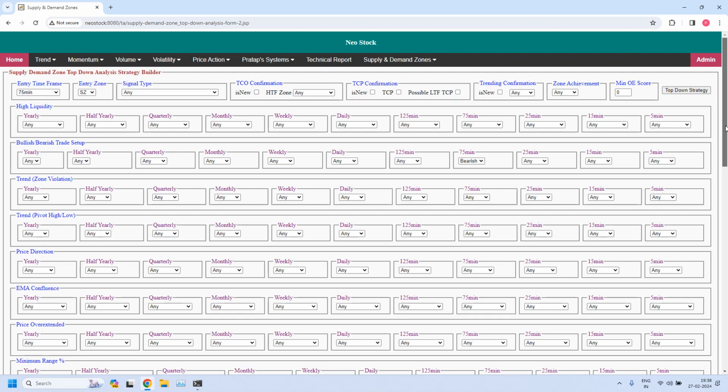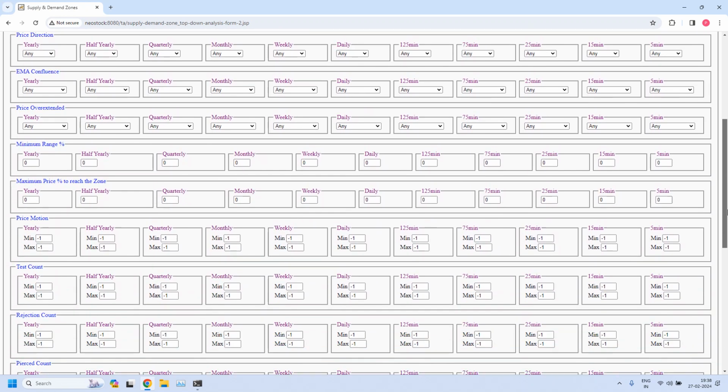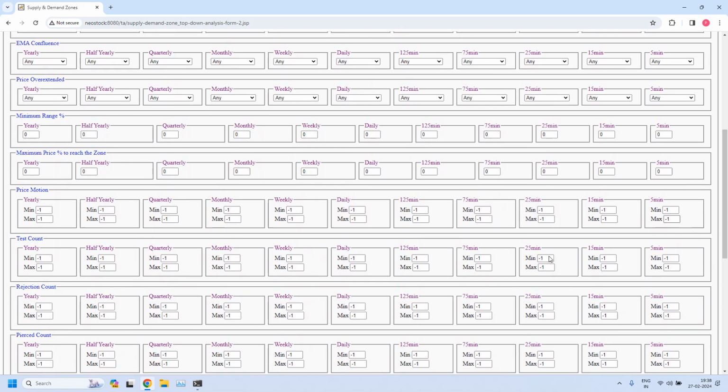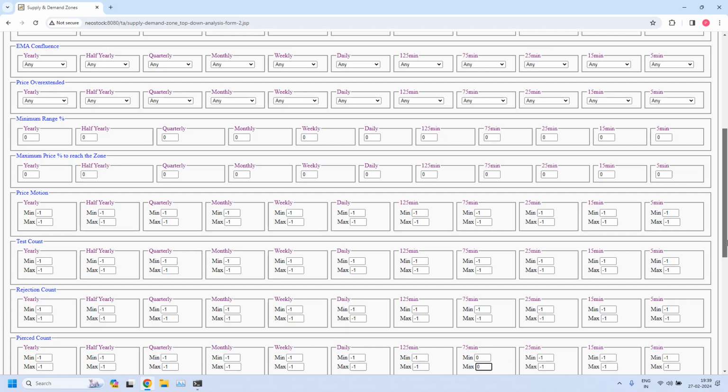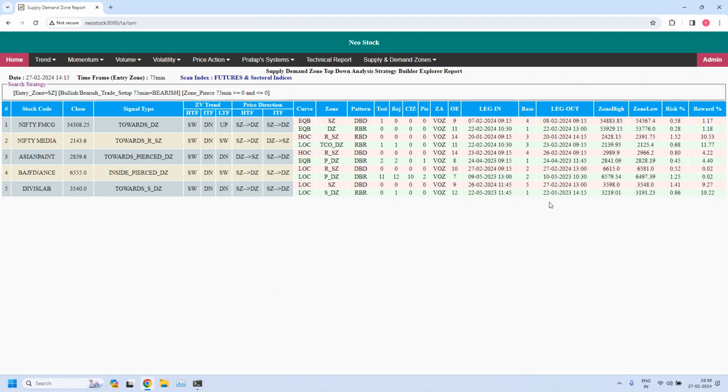Only one filter we will set, that is we don't want pierced zones. So the pierced count at the 75 minutes time frame, setting the value 0, minimum value 0, maximum value 0. That means the pierced count should be 0. A pierced count of 0 indicates the zone is not pierced.